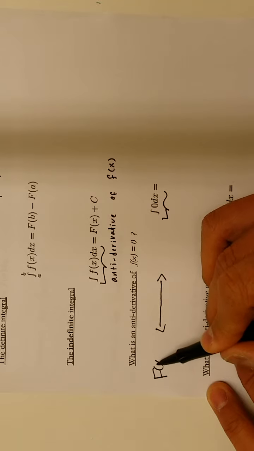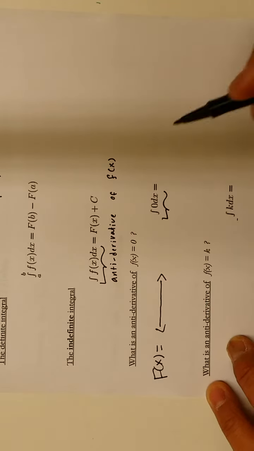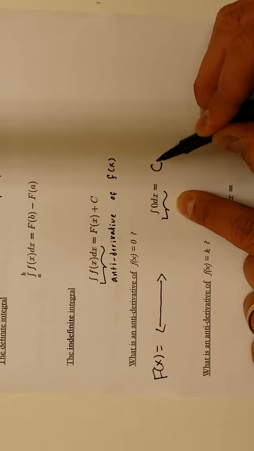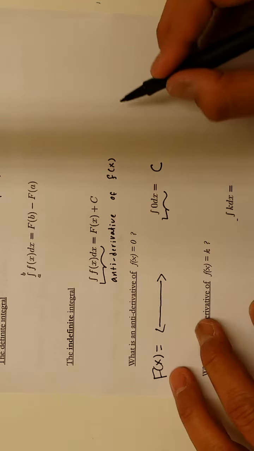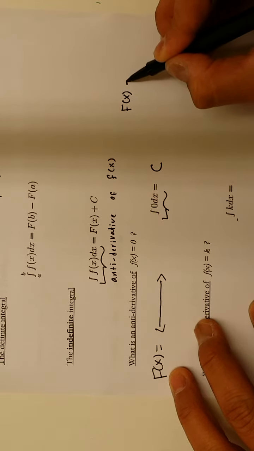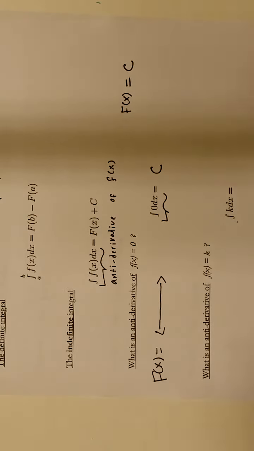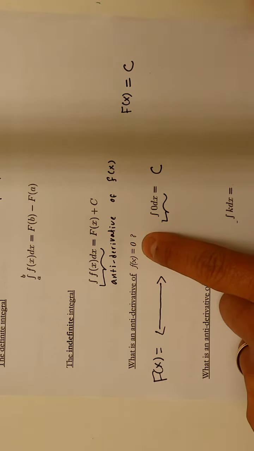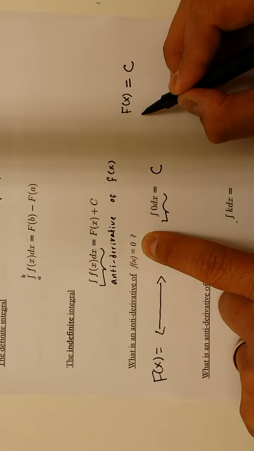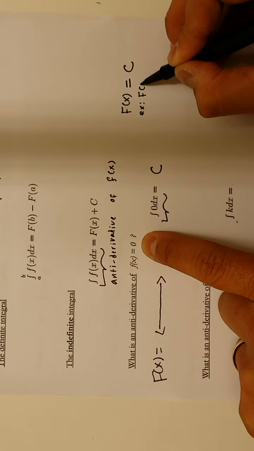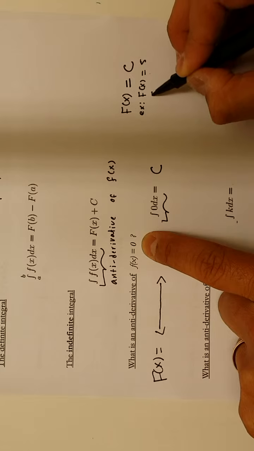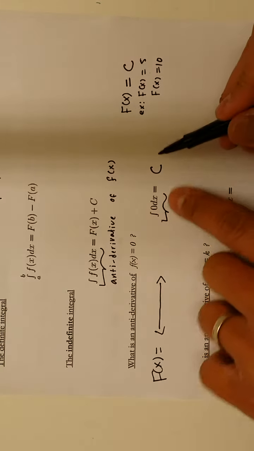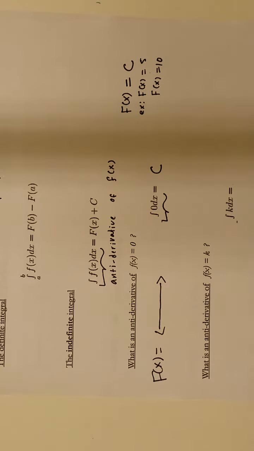So big F is equal to c, some constant function, because the derivative of that is 0. For example, big F could be the function 5, or the function 10. But in general, we say this just equals c, some constant.